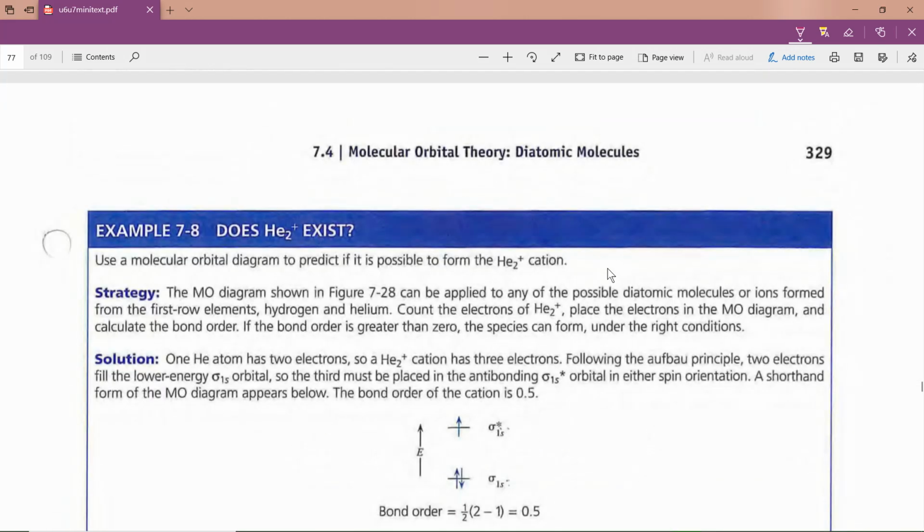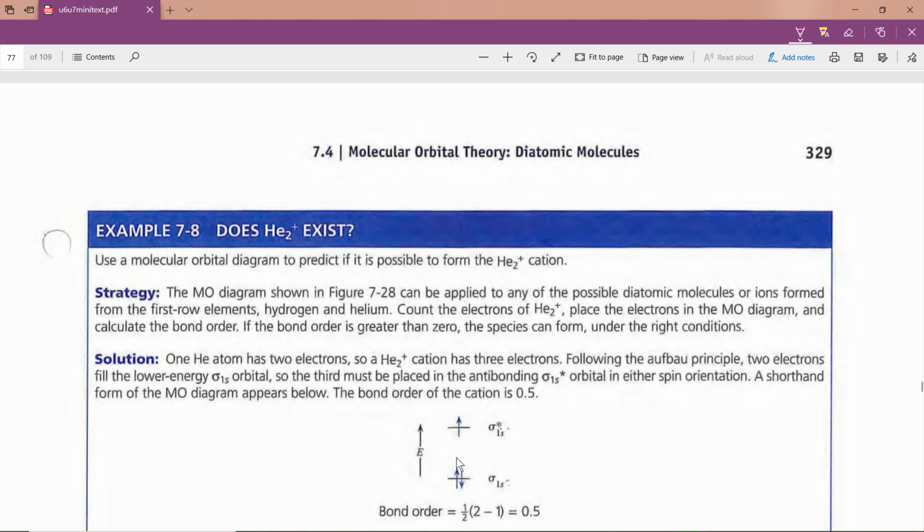So, does He2+ exist? This is example 7.8. Well, I'm not sure if it exists or not. Let's see. That would be 3 electrons, right? So you'd have, focusing on molecular orbitals, 2 electrons in the sigma 1s, and then 1 electron in the sigma star 1s.